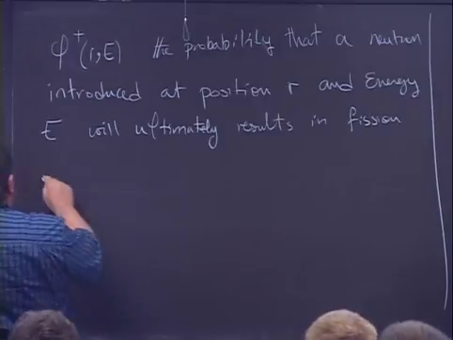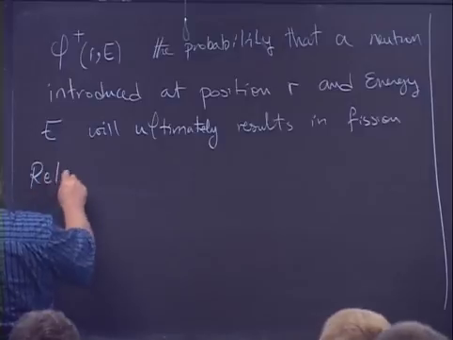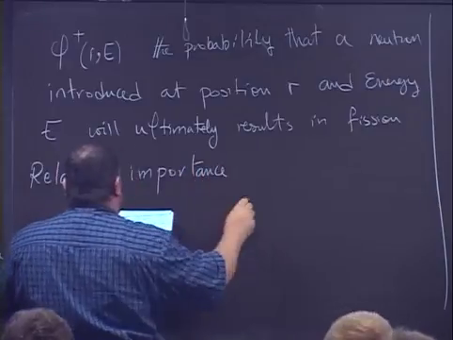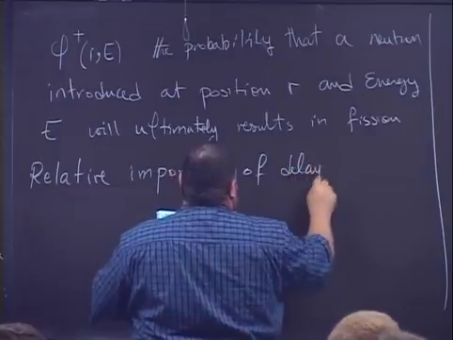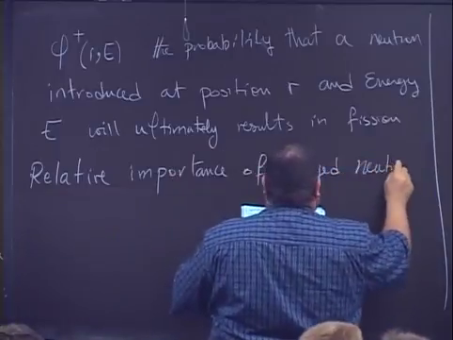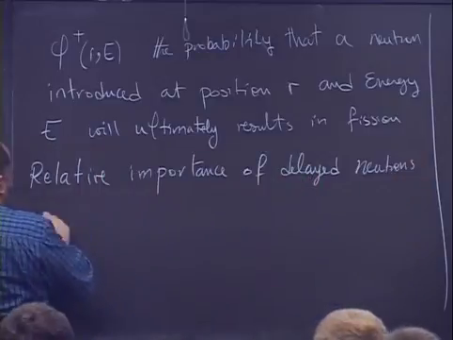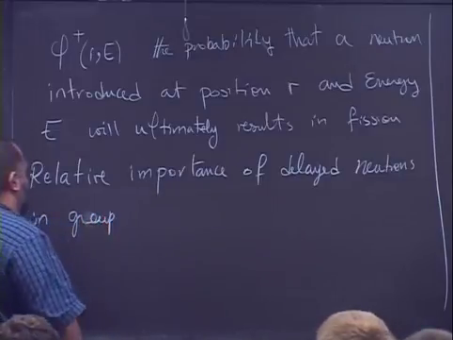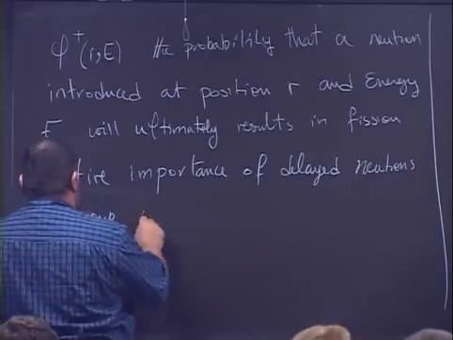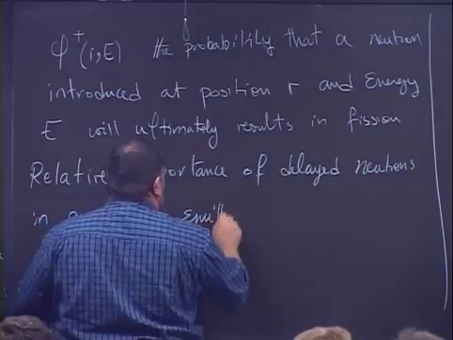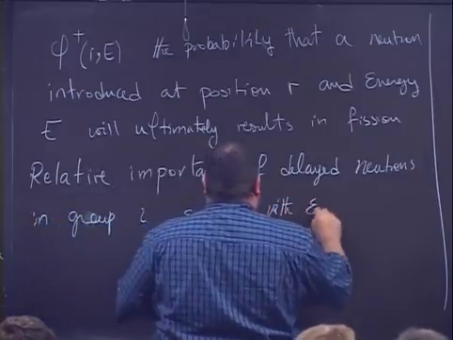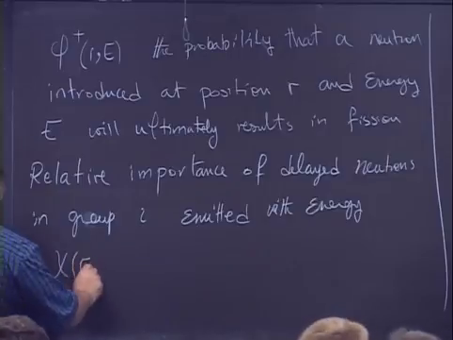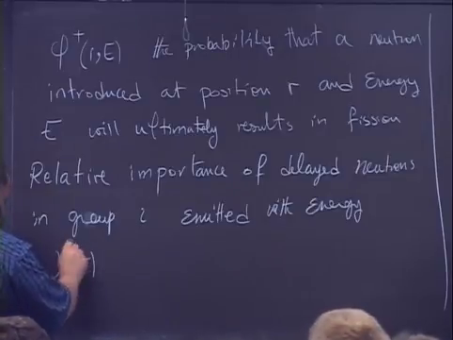And then we will define the relative importance of delayed neutrons in group I. We said that we have 6 groups, so let's assume that we want to define the relative importance of some neutrons in group I emitted with energy chi of E d I q.